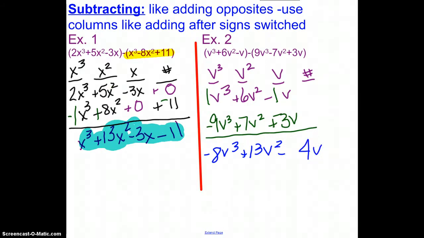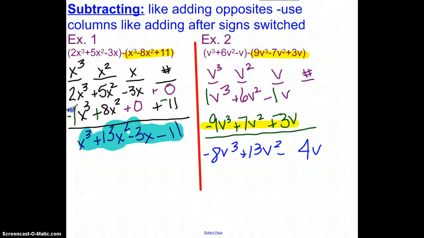Now remember, the big idea with subtraction is anything that's after here, you have to change the sign. So you have to make sure that that happens here. And you are still adding these things together. But you can't do the adding piece until you go through and change all the signs. So that means on this one, your final answer would be this.